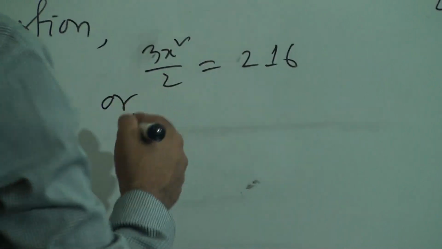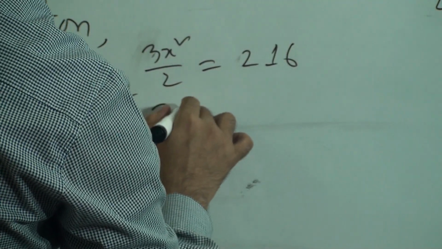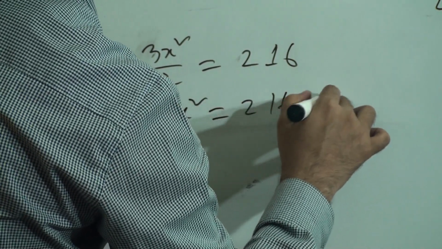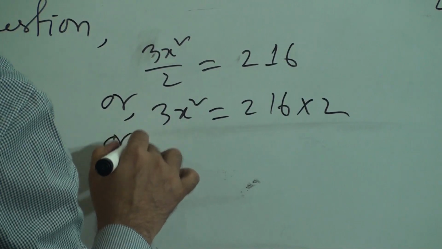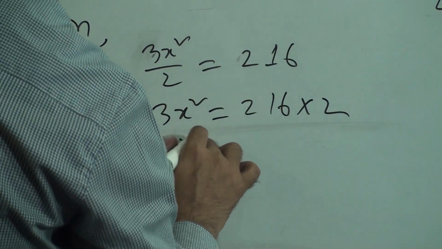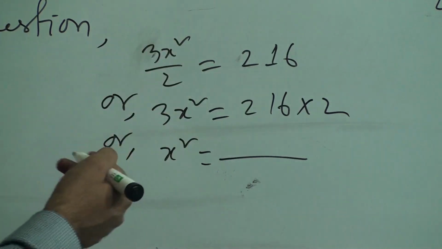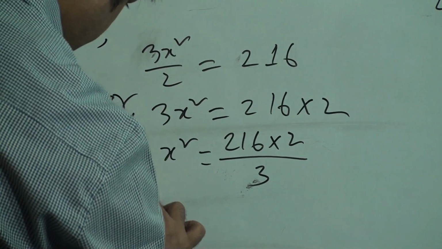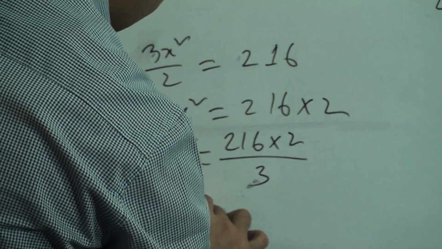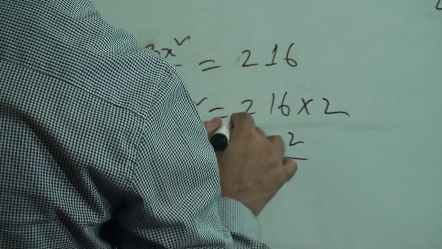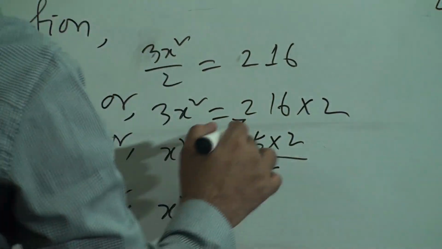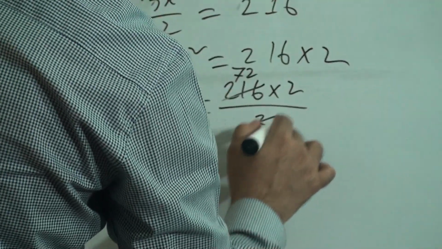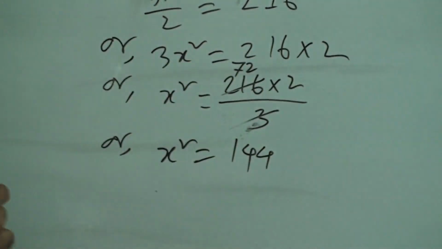At first multiply by 2, this will be 3x² equal to 216 multiply by 2. Now remove this 3, you will get x², we have to divide both sides by 3, it means 216 multiply by 2 divide by 3. If we divide by 3, 7 3s are 21, 3 2s are 6, 72. So we multiply 2 2s are 4, 7 2s are 14. So 144.